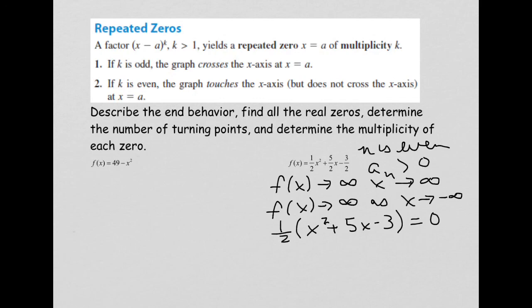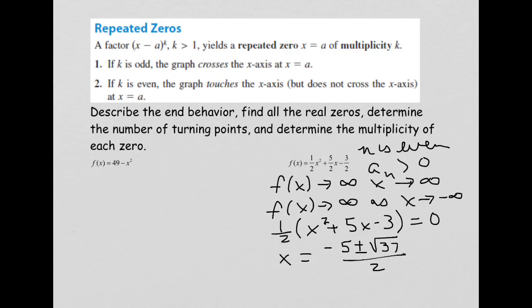And when we plug it into the quadratic formula, we get x equals negative 5 plus or minus the square root of 37 all over 2. Those are my real answers, or my real zeros.